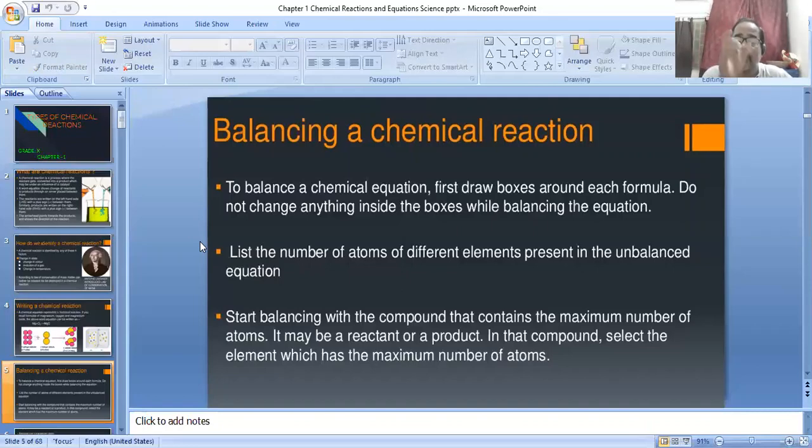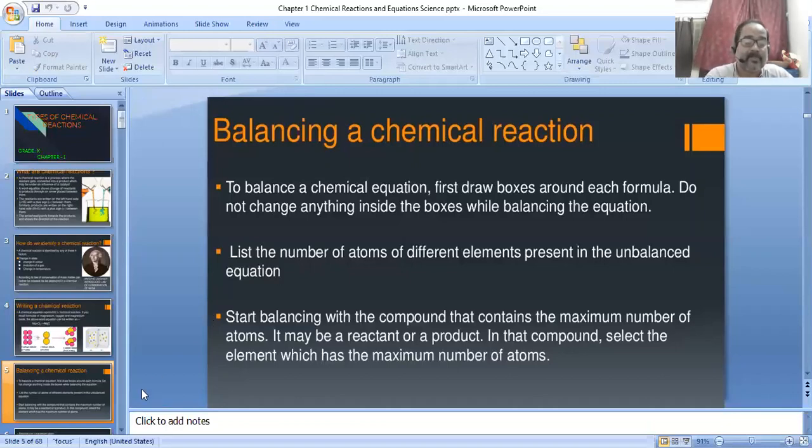That means first calculate the number of atoms present in the unbalanced equation. Number 3, start balancing with the compound that contains the maximum number of atoms. It may be a reactant or product. In that compound, select the element which has the maximum number of atoms.